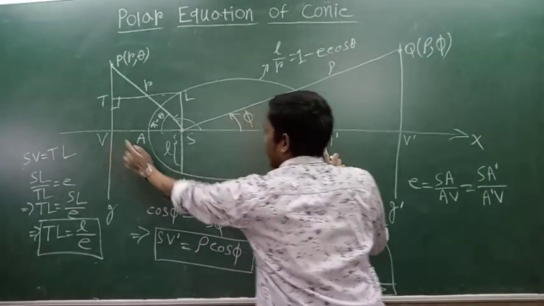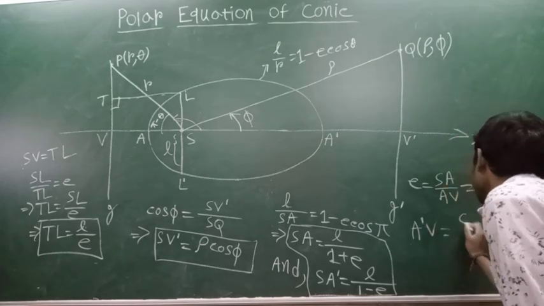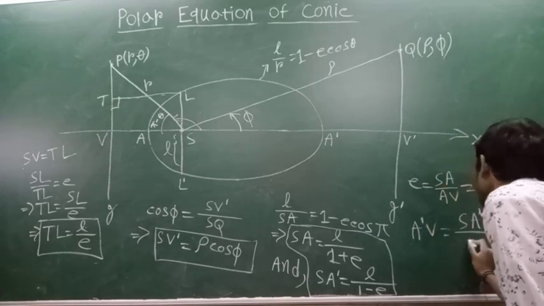We get A dash V is equal to S A dash by E.